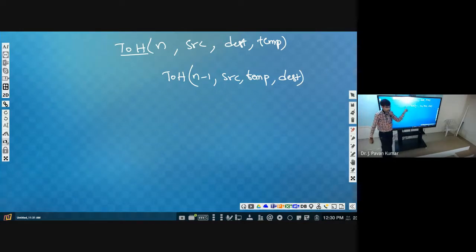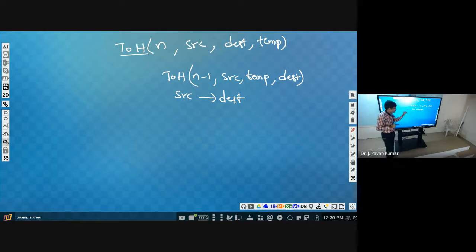Clear this point? Next, the straight step is source to destination. Here we don't require any recursion. Even temporary is not required, it is a direct step.